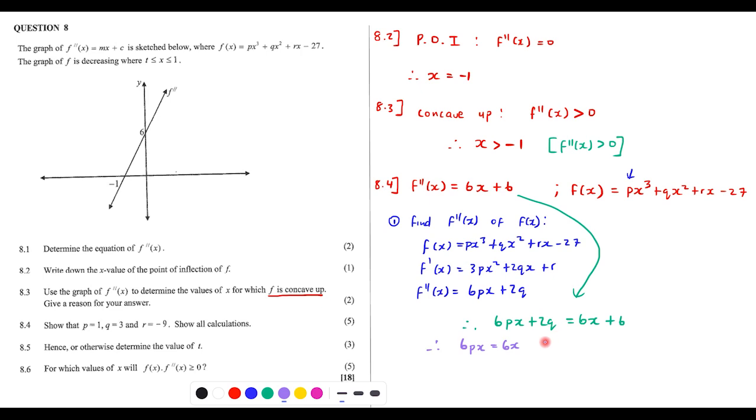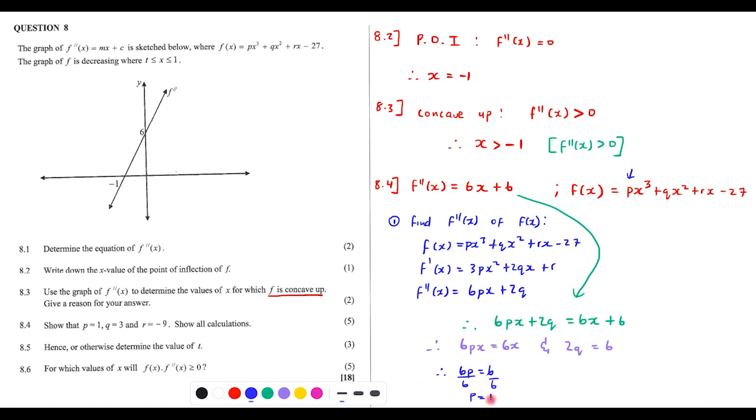And when 2q is equal to 6. That's the only way we can get these two things to be equal to each other, right? Now here we can see 6px equals 6x, so this implies that 6p is going to be 6, right? And therefore when you divide by 6 on both sides, we get p as 1, right?